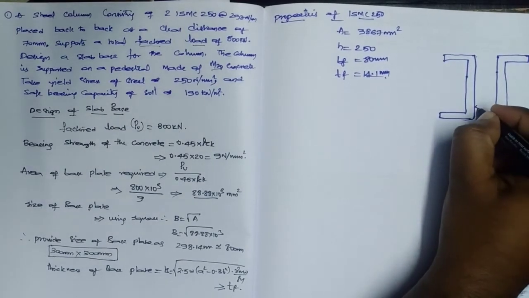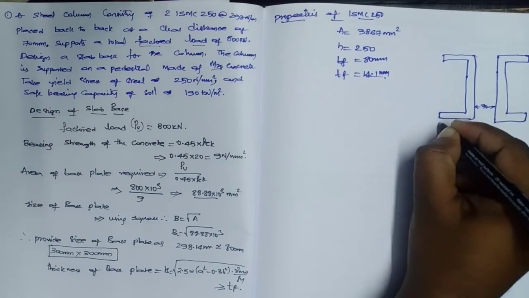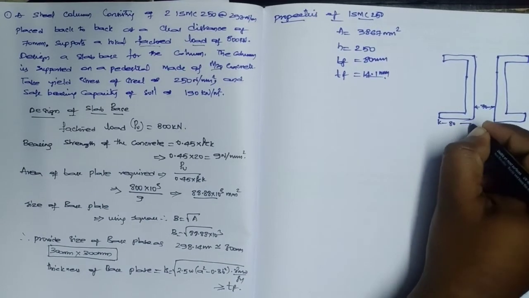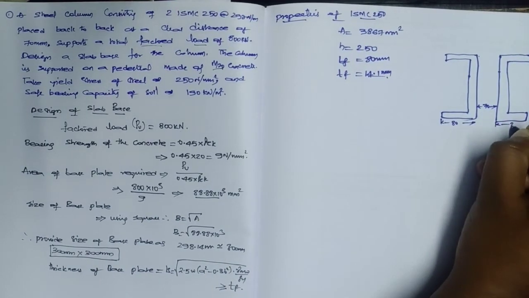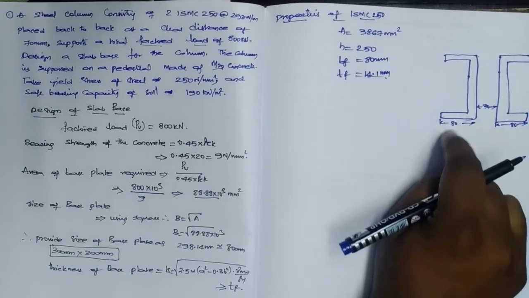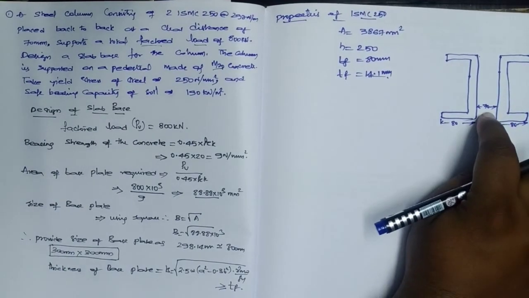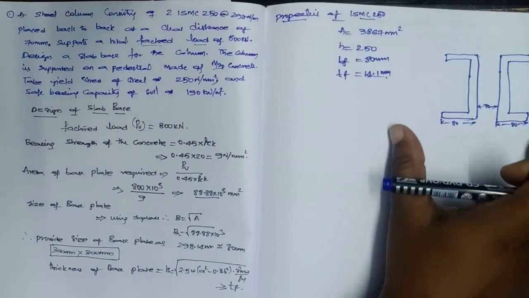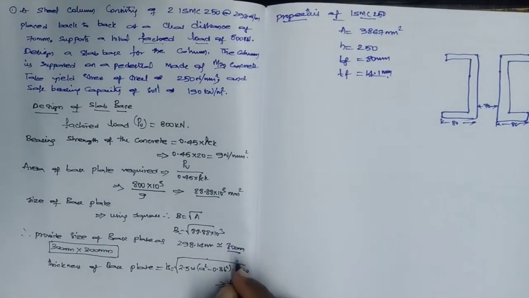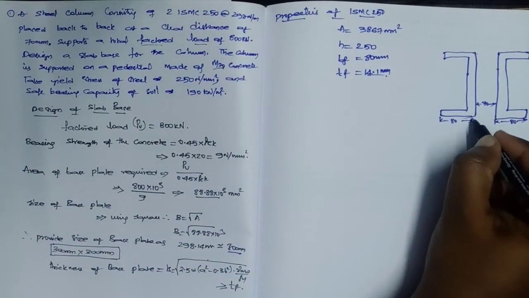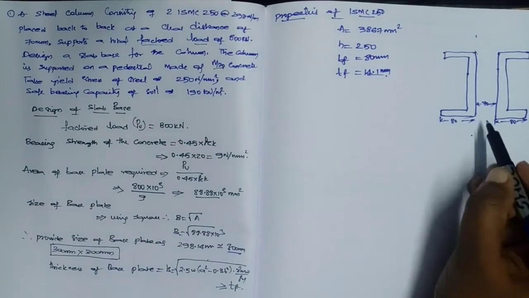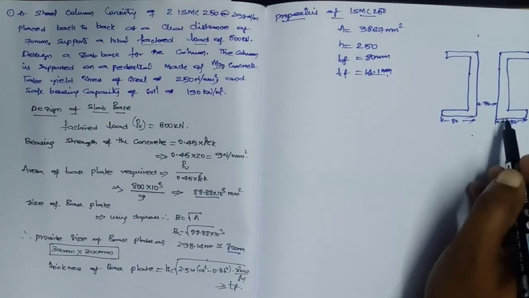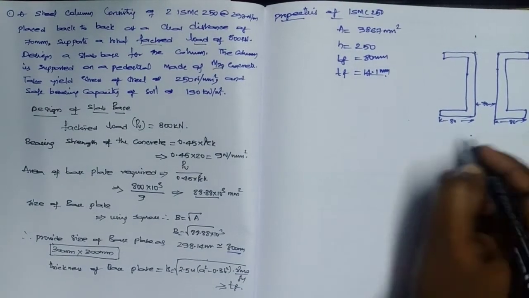So this is 70, this is 80, this is 80. So 80 plus 80, 160 plus 70. How much is it? 230. Yes, 230. Remaining, total width of base plate is 300 we are providing, right? So here 250 means 25, 25. Here 230 means 35, 35.